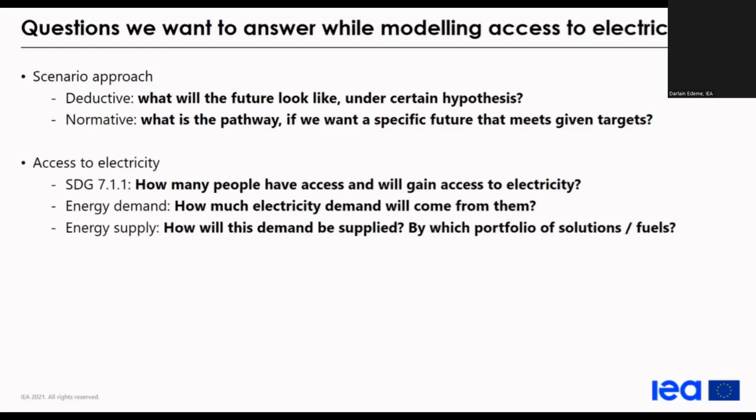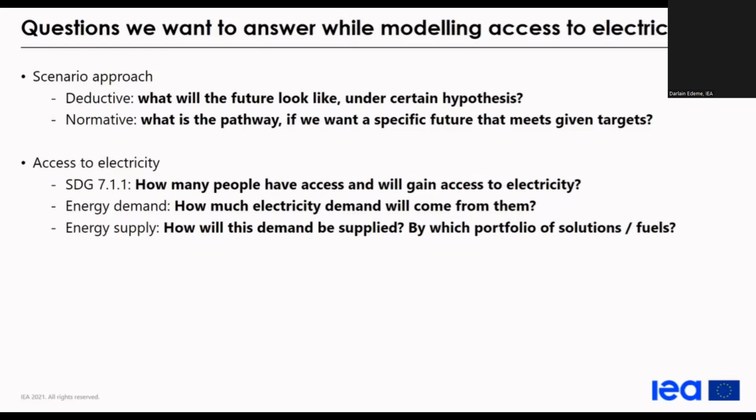So when it comes to access to electricity, some questions we want to answer are how many people have access today and will gain access every year in the future? How much electricity demand will come from those newly connected households, and how will that feed the overall demand for electricity?